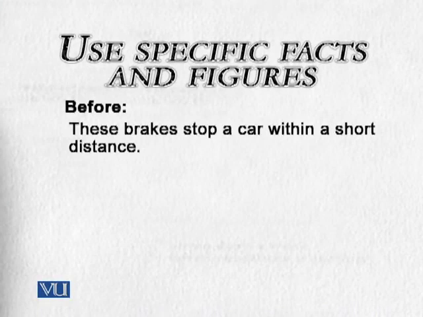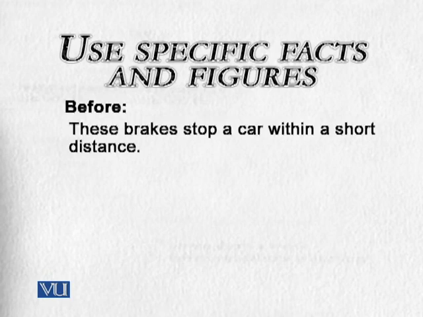These brakes stop a car within a short distance. Now you can see this sentence is apparently giving you just a statement, but the details are missing. Okay, fine, it's a fact that so-and-so brakes can stop a car within a short distance, but a short distance is not that concrete.